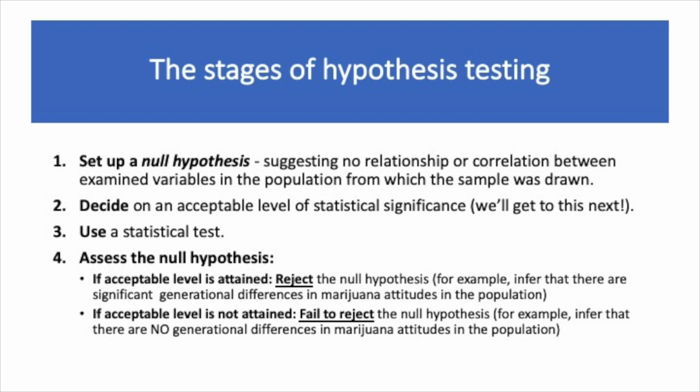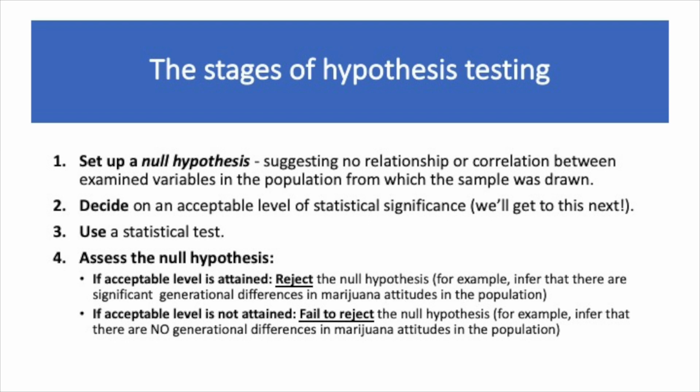Okay, that would be rejecting our null hypothesis, because we are rejecting that there is no relationship between generation and marijuana attitudes. I know that there's a double negative here, and that makes this hypothesis testing language a little bit confusing. But with a double negative, we then infer a positive.